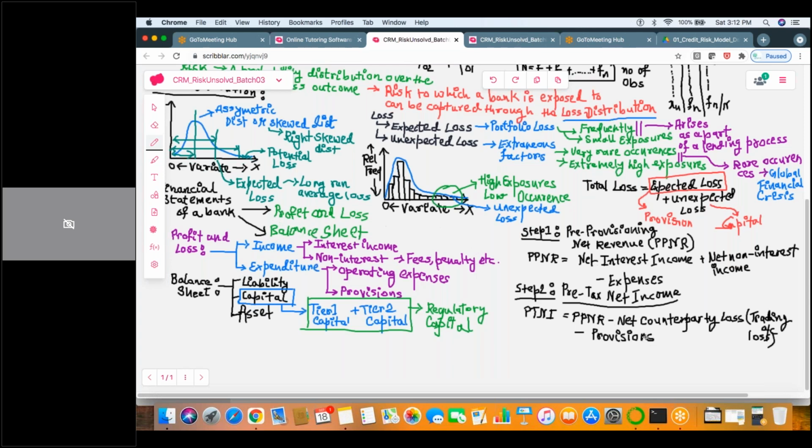So the pre-tax net income is calculated by adjusting the provisions and the net counterparty losses to the PPNR model. So the PPNR outcome that comes in, to that you adjust your provisions and your net counterparty loss. So what you will get over there is your pre-tax net income.